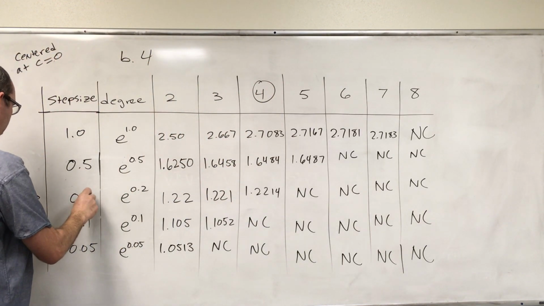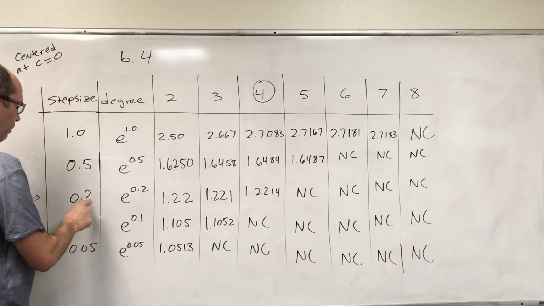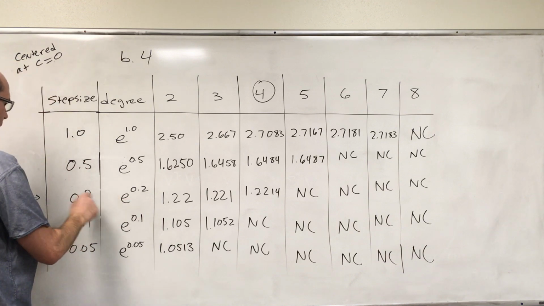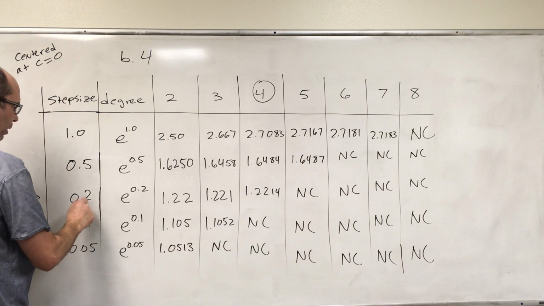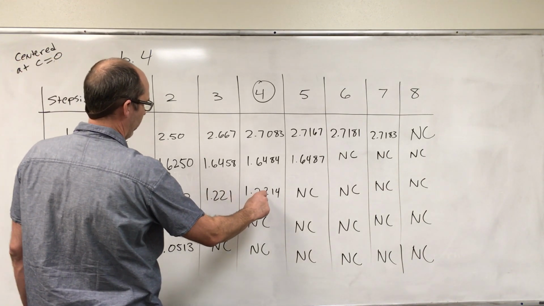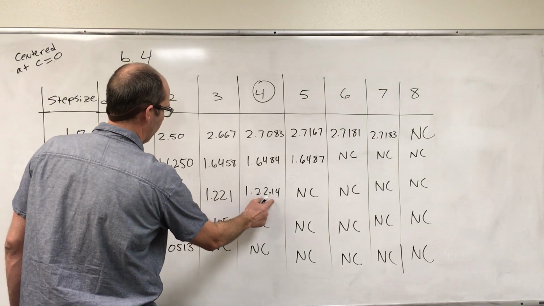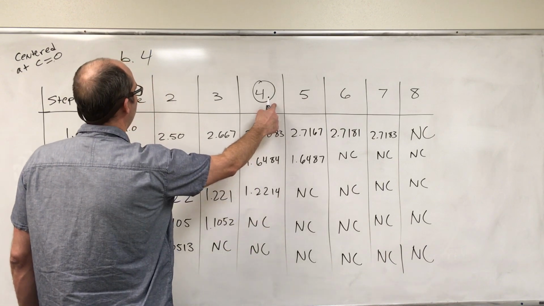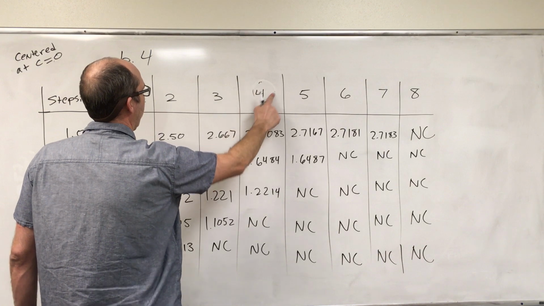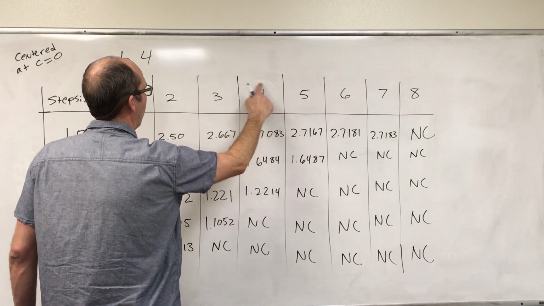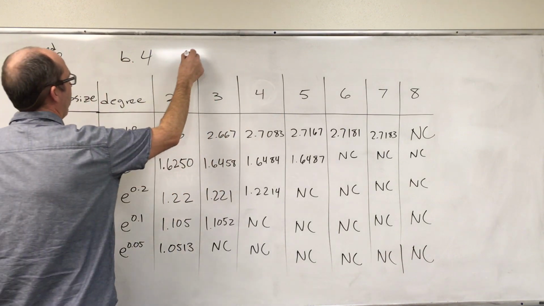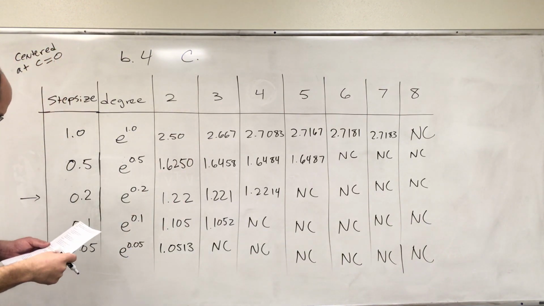So step size of 0.2. Make sure you understand what we're talking about with step size there. Go over to 4 decimal places. There's 1, 2, 3. There's 1, 2, 3, 4. That started at degree 4. That's your answer there.